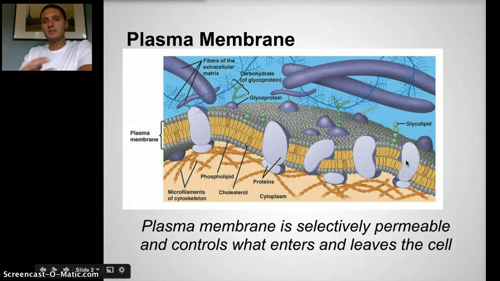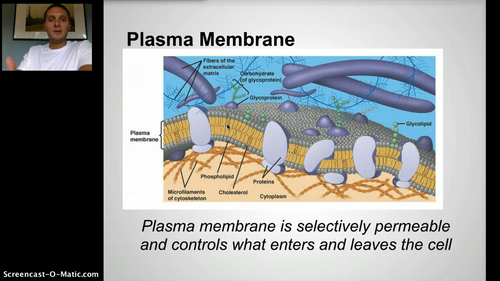If you think of a mosaic in art, it's made up of lots of different pieces that put together make an overall image. And so our plasma membrane contains lots of different components: proteins and carbohydrates and phospholipids and cholesterol. That's what the mosaic portion means.